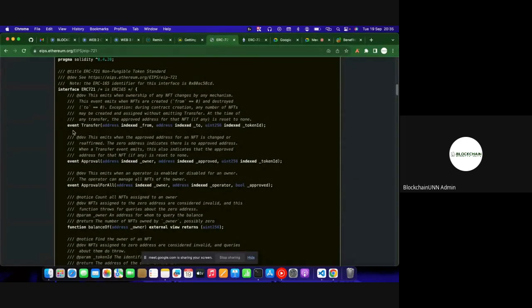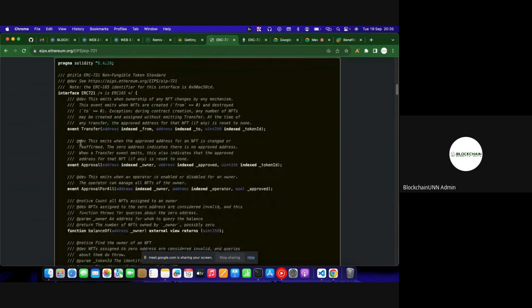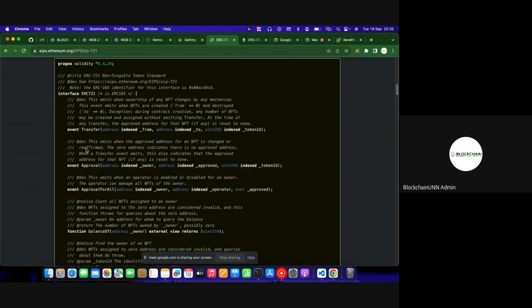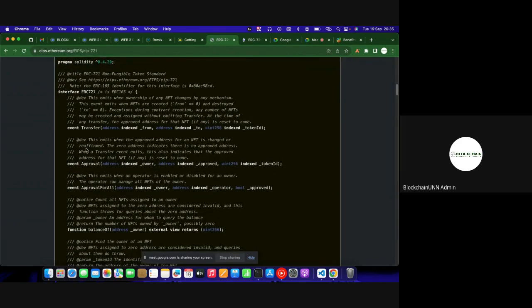As you can see, for you to create the interface, we've talked about interfaces, right? An interface is like a specification for a smart contract. If you want to interact with a smart contract, you need to know the functions contained within the smart contract. Interfaces help you do that.